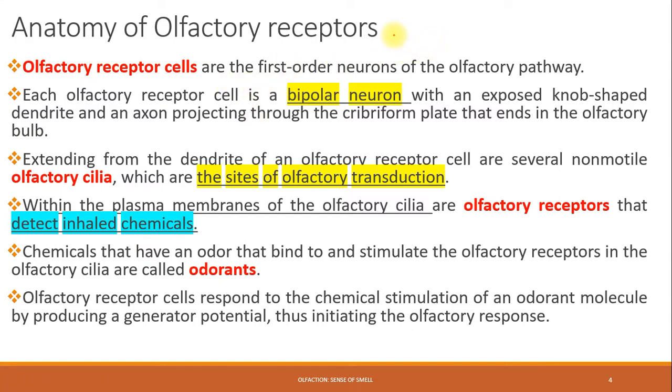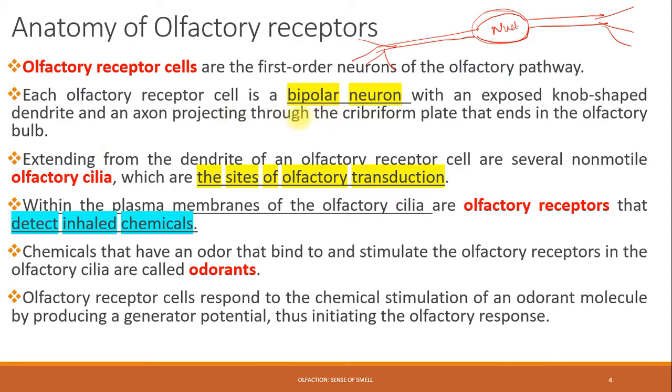I will show you the structure, something like this. Pardon my drawing again. At the center we have the cell body, and at the ends we have the dendrites. So this is a bipolar neuron. Two poles are there. Here we have the nucleus, and this is the cell body.